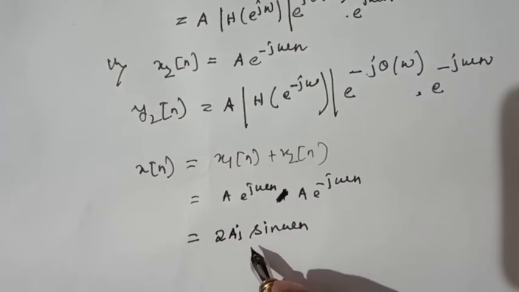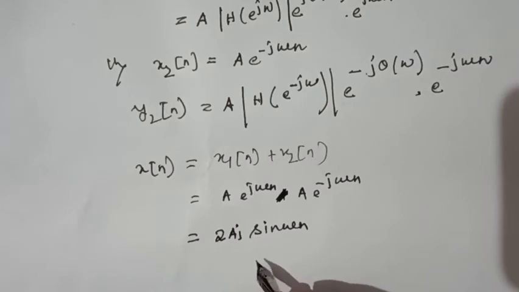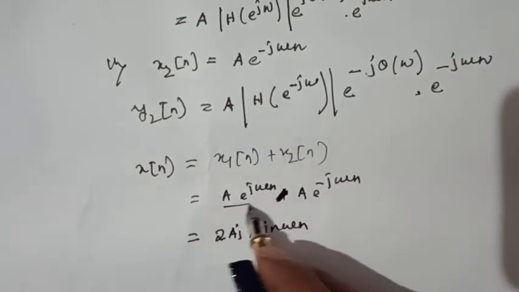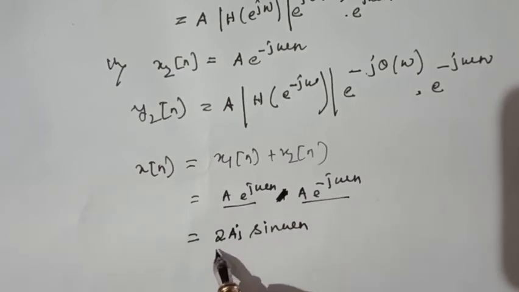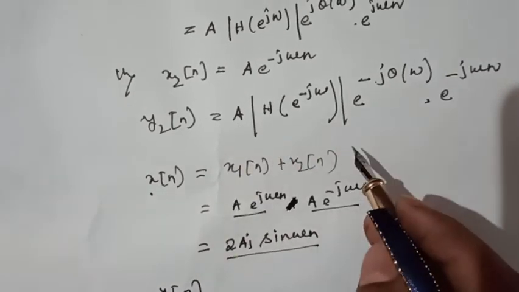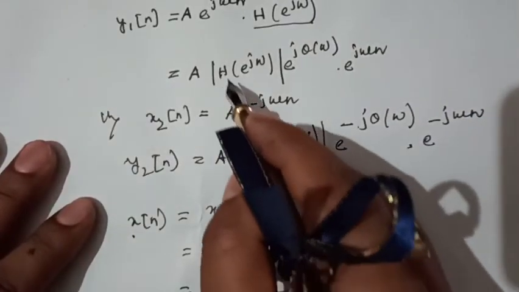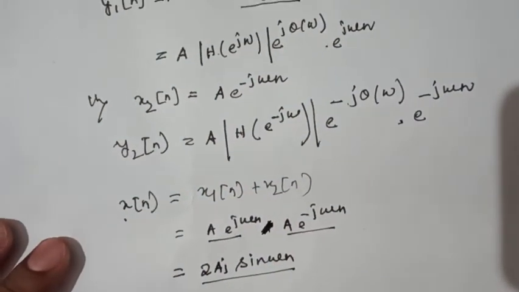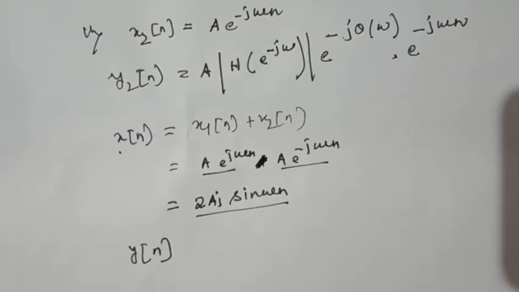Now from this, if my input x of n is this, what will be the y of n then? Simply you add up both of these.